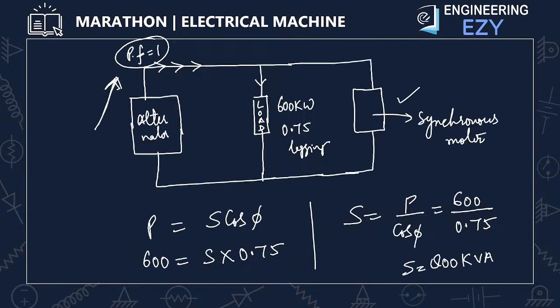Everyone knows the theory: when a synchronous motor works in the overexcited region, it behaves like a synchronous condenser, so it supplies reactive power to the load. The total reactive power supplied by the alternator becomes zero, and when the alternator provides zero reactive power, the overall power factor becomes 1.